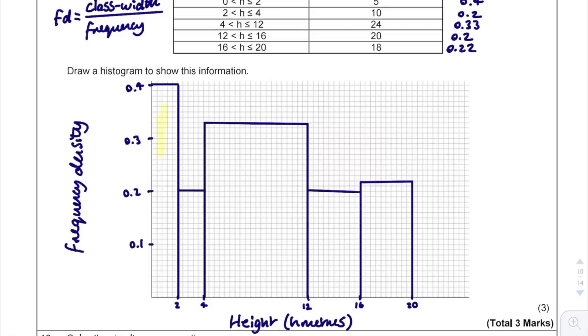So if I shade that in, that is what our histogram looks like.